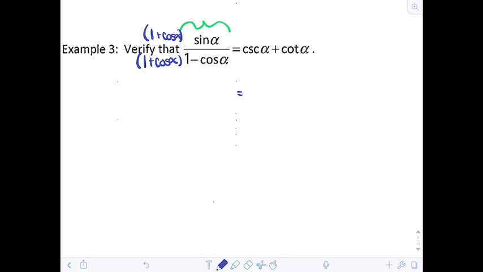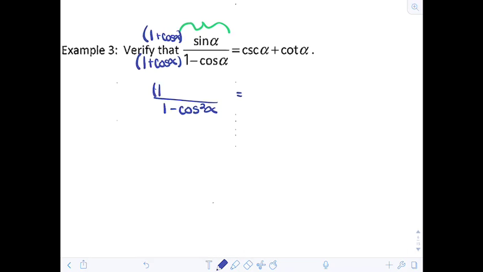So in the denominator, I have 1 minus cosine squared of alpha because they are conjugates. Now in the top, you could distribute, and when you're doing these at home for your homework, you might do that and then realize, wait, I shouldn't have distributed. I am going to leave it as 1 plus cosine of alpha times the sine of alpha.